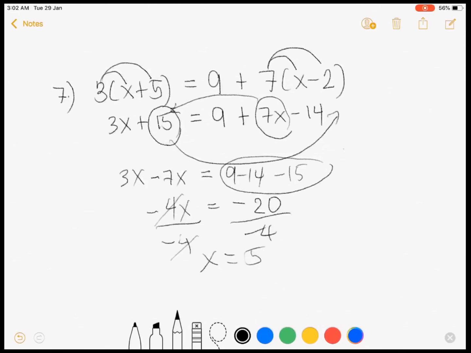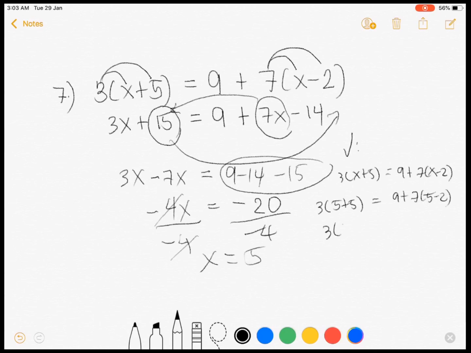Okay, let's check. So, checking. 3 times x plus 5 is equal to 9 plus 7 times x minus 2. So, 3 times 5 plus 5 is equal to 9 plus 7 times 5 minus 2. Substituting the x value.